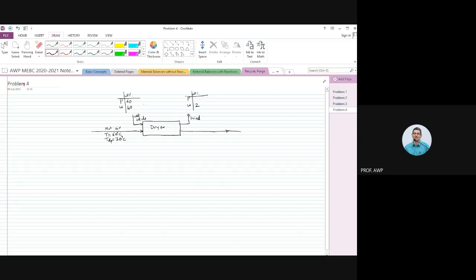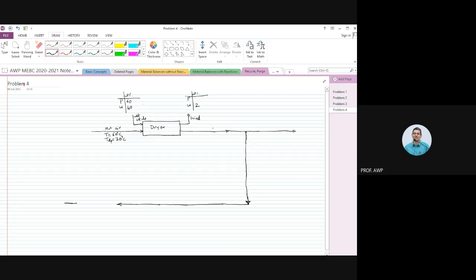Right. So we don't want to waste this air. So what we will do is we will take some part of that air and we would like to recycle part of the air.